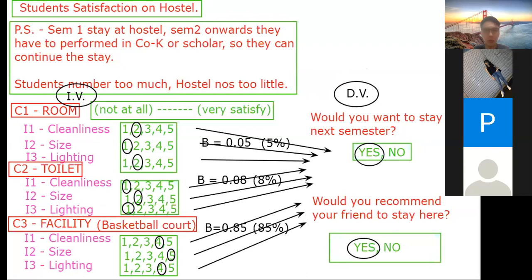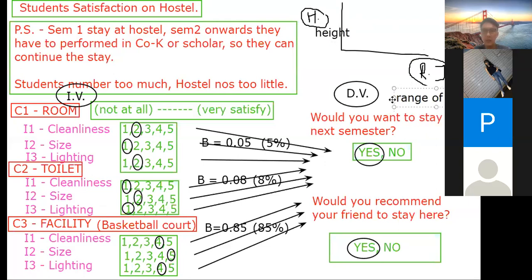Okay. Let's go back to this. Height versus range of jump. Can you tell me which one is the independent variable? This is height. This is range of jump. Which one is the independent variable? Height.